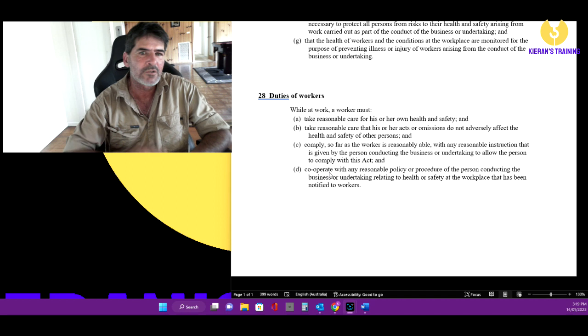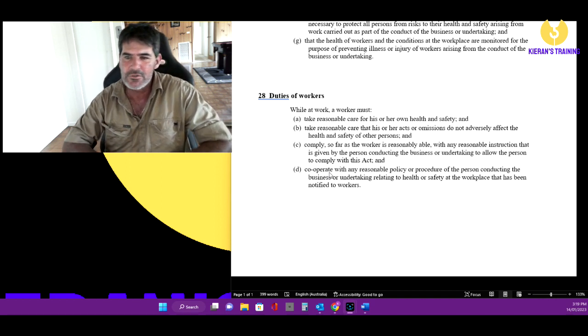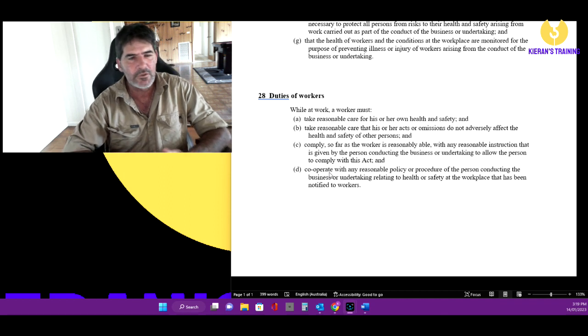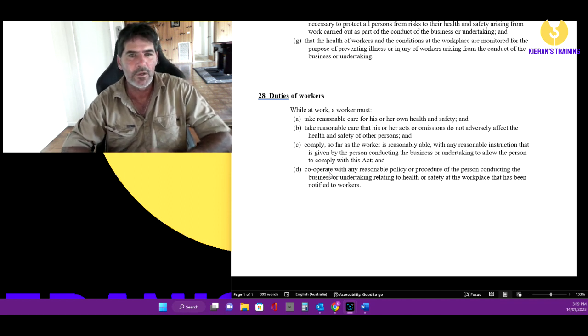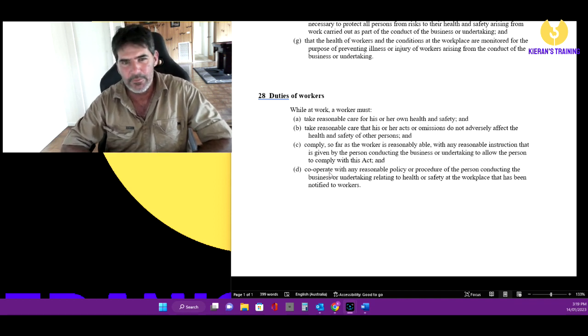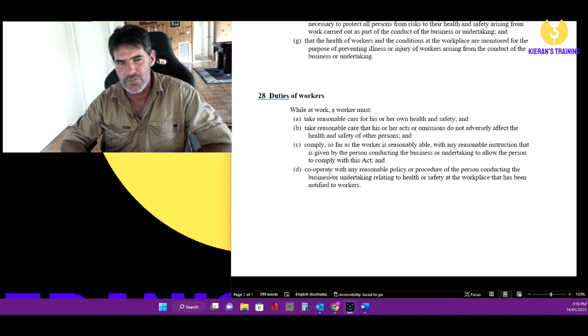Now, I don't like telling people to blindly follow procedures like that. What I will say is, if you are doing a task and you can see a safer way of doing it, it doesn't mean it's up to you to just change it. It's up to you to bring it to your employer and see if you can get those systems changed so you can look at doing it in the safer way.